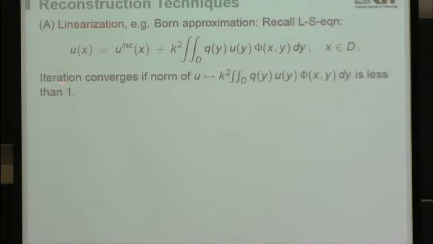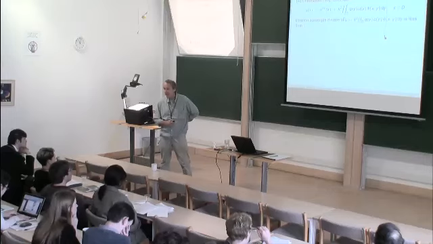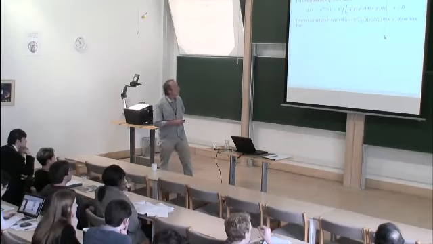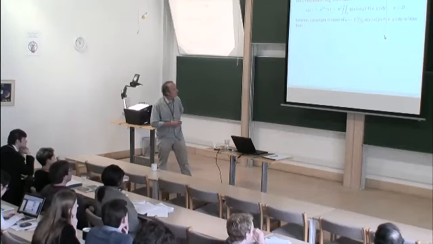As mathematicians, we know that this fixed point iteration for an operator does not always converge. It converges if the norm of this operator is strictly less than 1. So you see that immediately here. That gives you that the norm of that operator is less than 1.